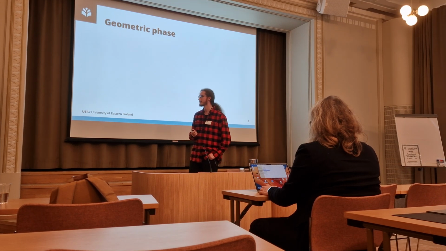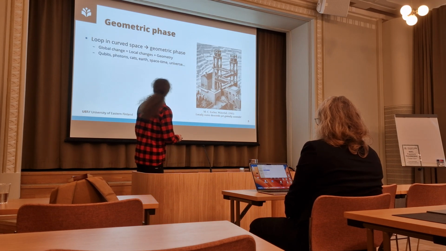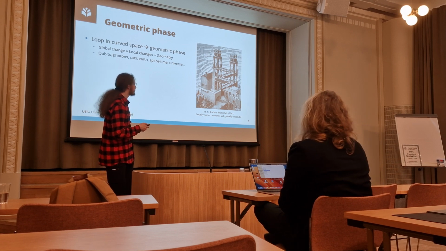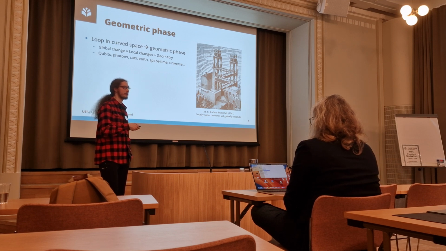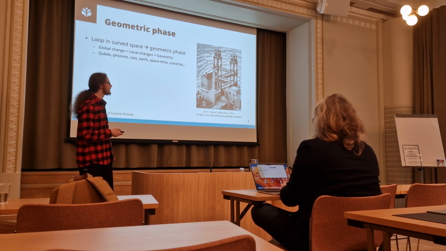So, what is geometric phase? More broadly, geometric phase occurs when you have a loop in a parameter space, and it describes the difference between a global change in the system, which cannot be described solely by the local changes in the system, because there's also a geometry present.